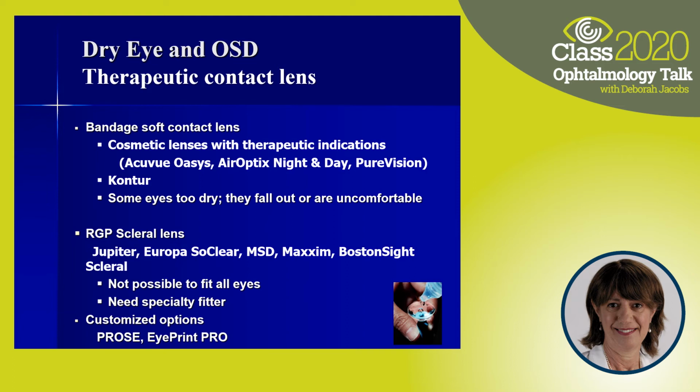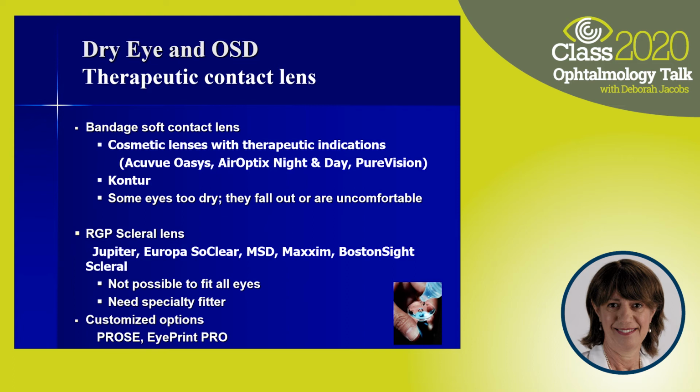And the advantage of larger diameter for retention has to be weighed against the disadvantage of low Dk. Some eyes are too dry to retain a therapeutic lens. They fall out or are uncomfortable. There's a separate issue of prophylactic antibiotics, as all these patients are at higher risk of infection if they are using the lens on an overnight basis.